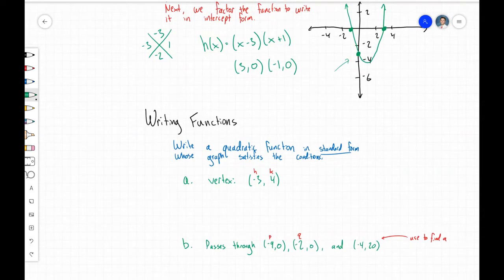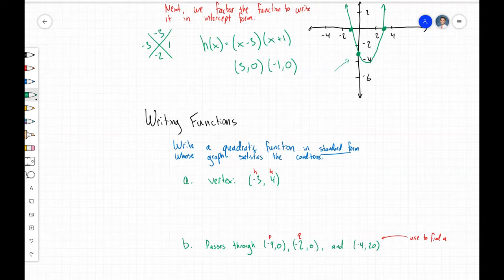Now, we're also going to look at writing functions based on some given conditions. So we want to write this quadratic function in standard form based on the given information. So for example, if we look at this first one, it says a graph that has a vertex of negative 3, 4.